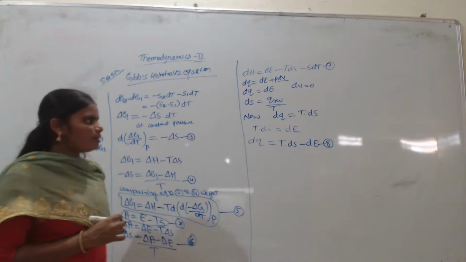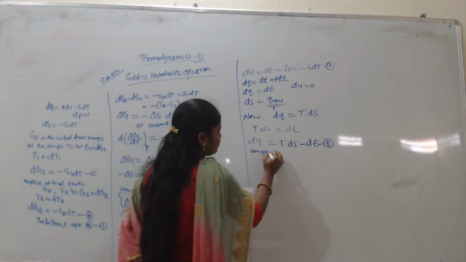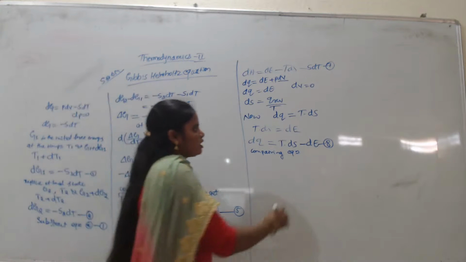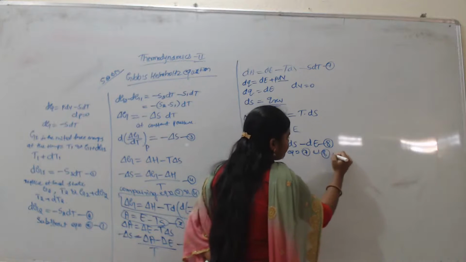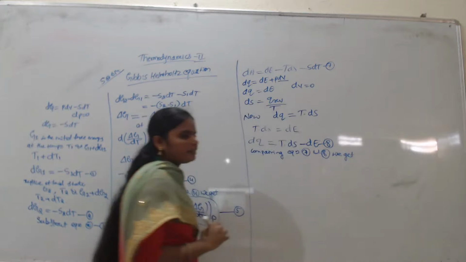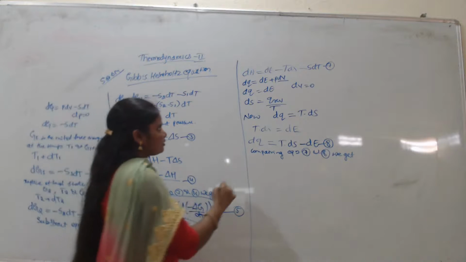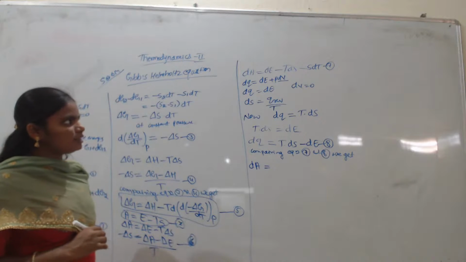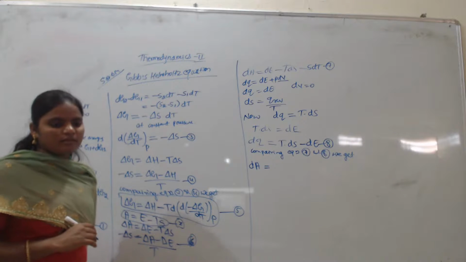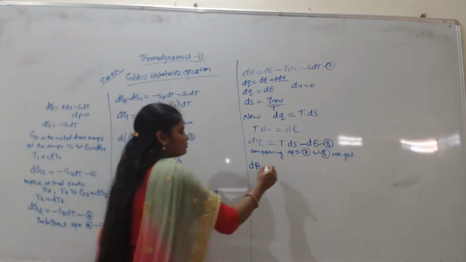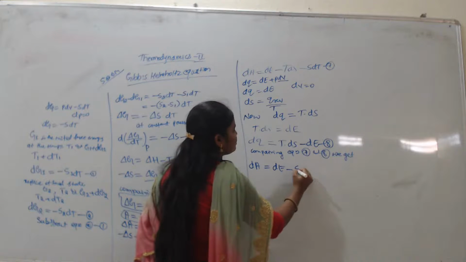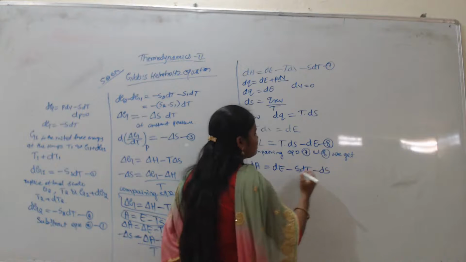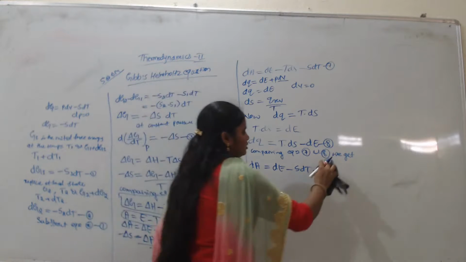Now comparing equation numbers 7 and 8, we get dA is equal to dE minus S dT minus T dS. That is, dE minus S dT minus T dS.